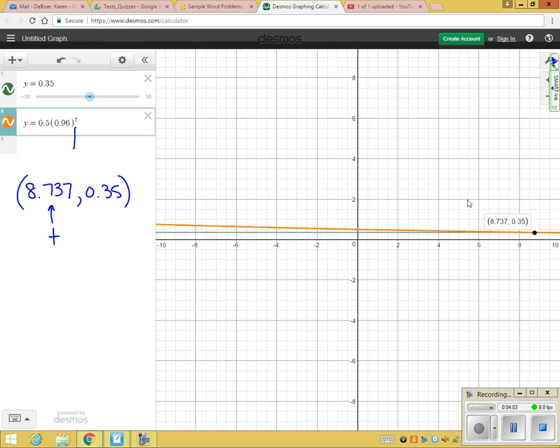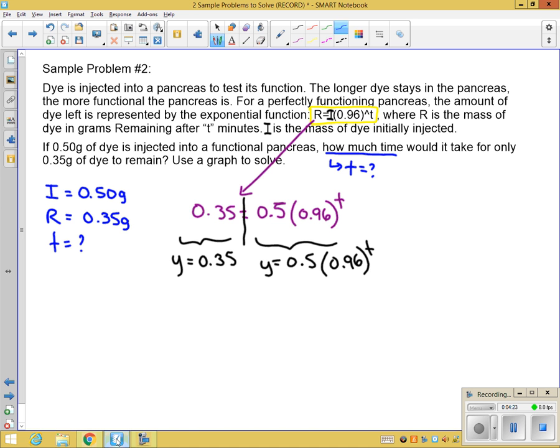It's this here. And the second value is always your y value. So in this case, it's the amount of dye remaining. So you will have 0.35 grams of dye remaining after 8.737 minutes, because the question specifies it as minutes.